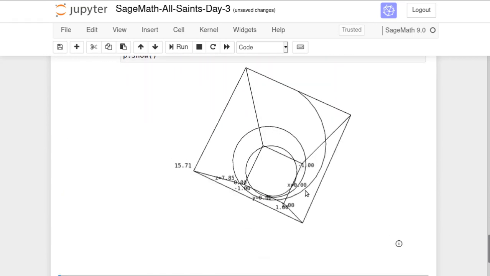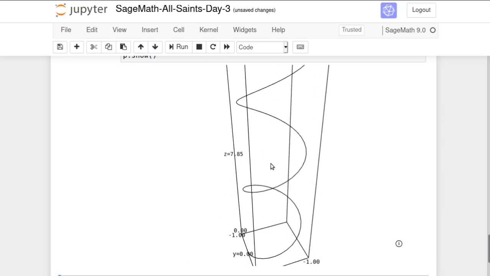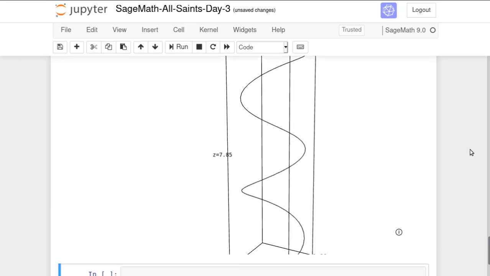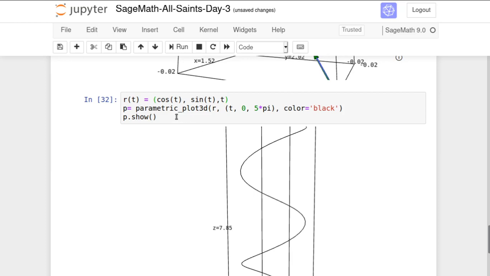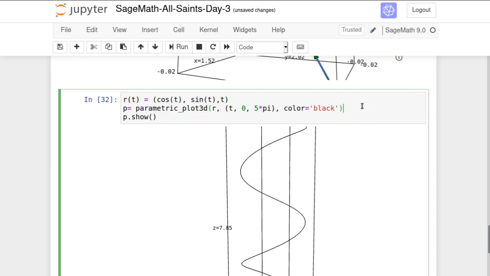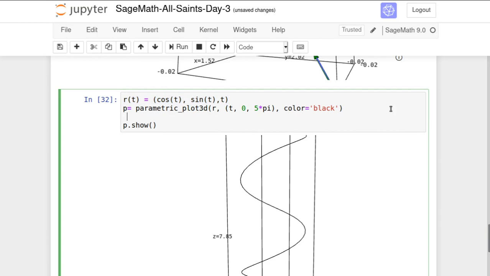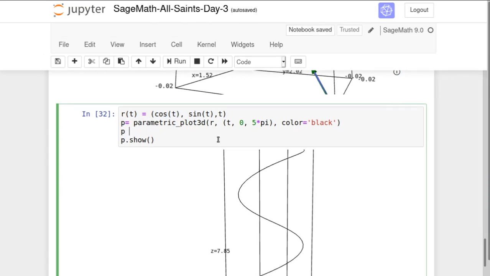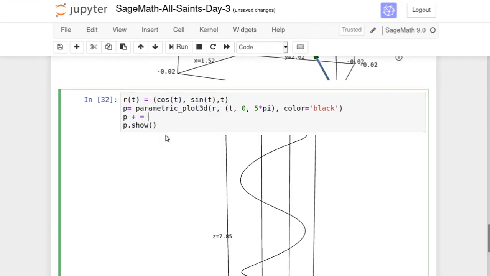So if you plot, I'm getting something like this. Can somebody identify this curve? What is this? A circular helix, exactly. Now, if you want to plot an arrow also, that can be done. P plus equal to, suppose I'm plotting an arrow.